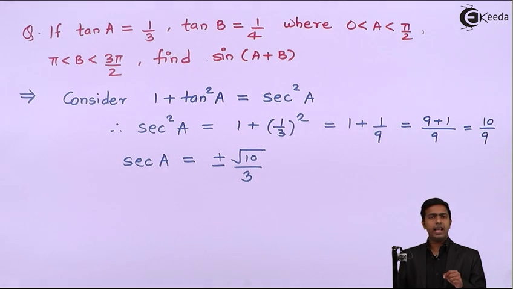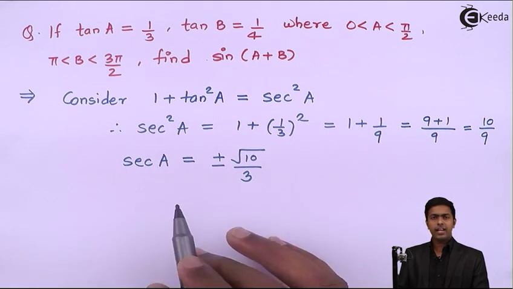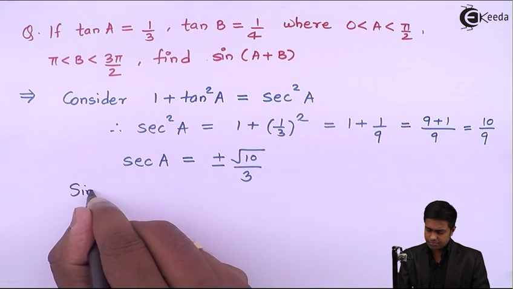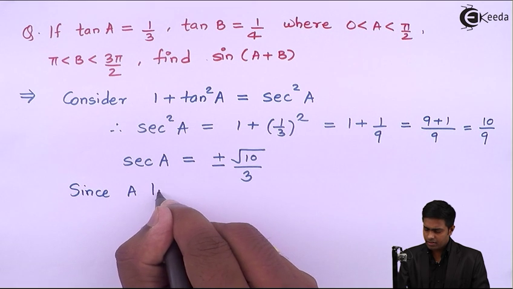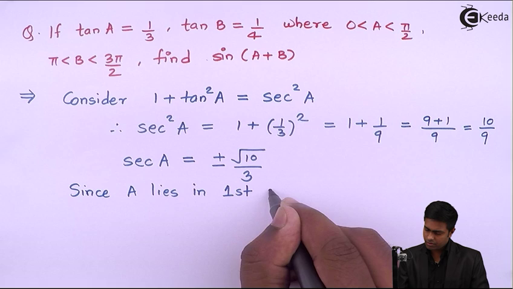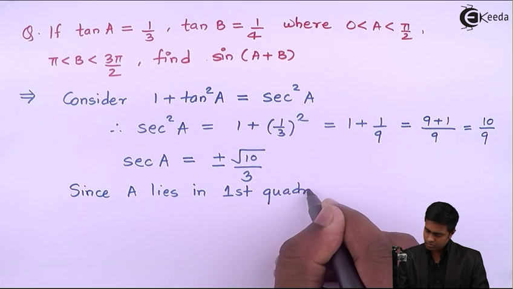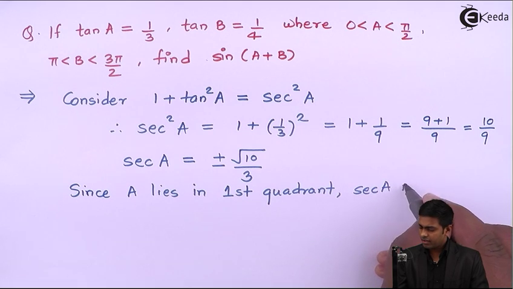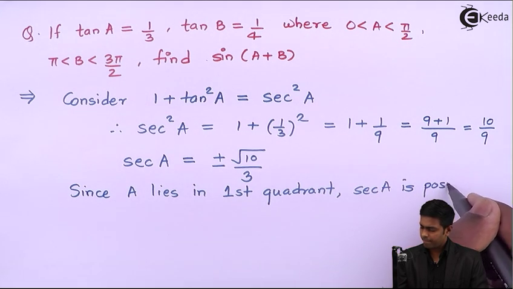Here A lies in the first quadrant. In the first quadrant we know that all trigonometric functions are positive, and hence we will accept the positive value of sec A. So I will write, since A lies in the first quadrant, sec A is positive.